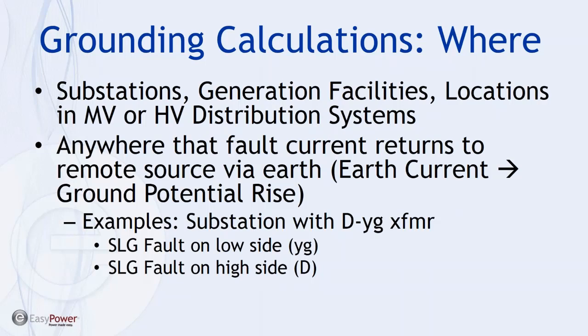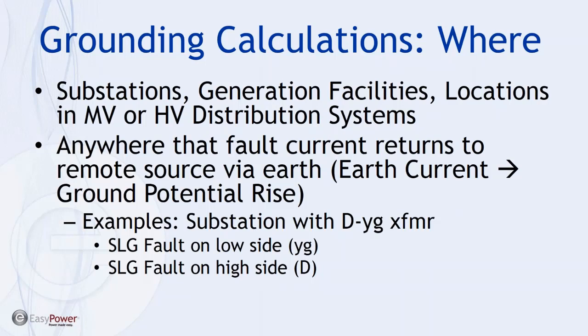If you have a single line to ground fault on the low side of a substation, with a delta to low side Y grounded transformer, that fault is going to exist mostly on the phase conductors and then to the ground and grid conductors. If it's within that same substation, the return is going to be local to your grid. So most of the fault current is going to return directly on your ground grid conductors and back to the Y ground of the transformer.